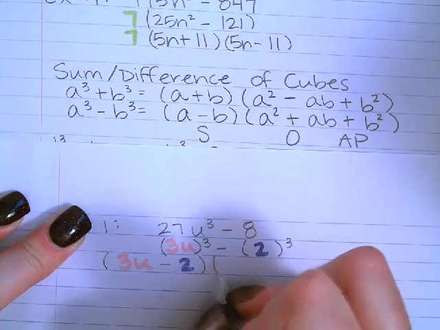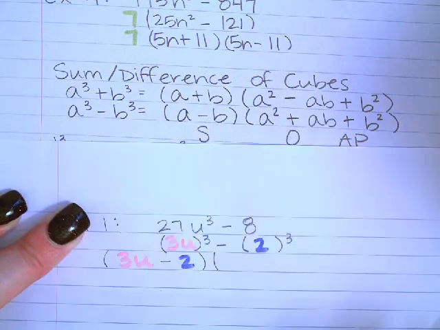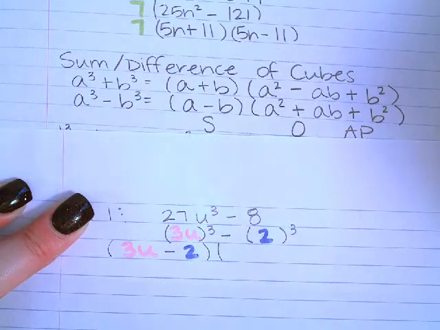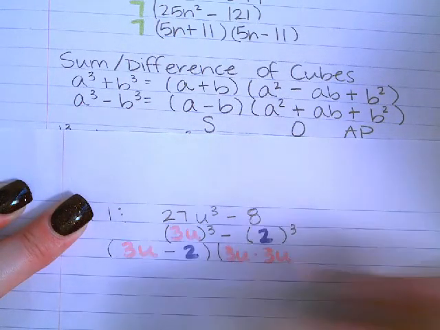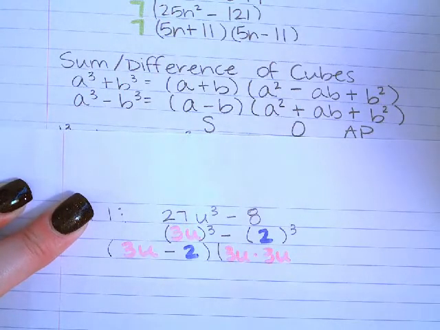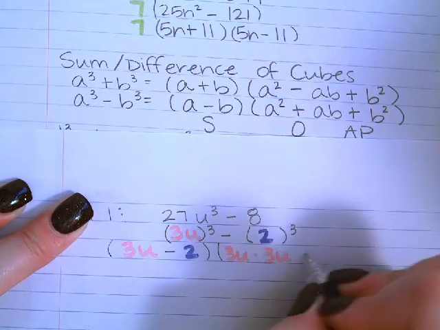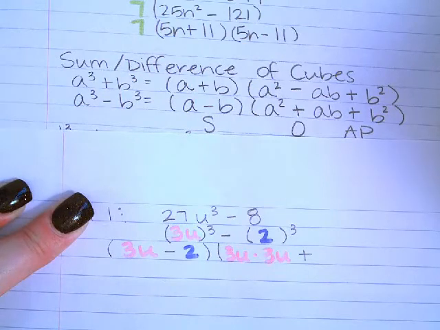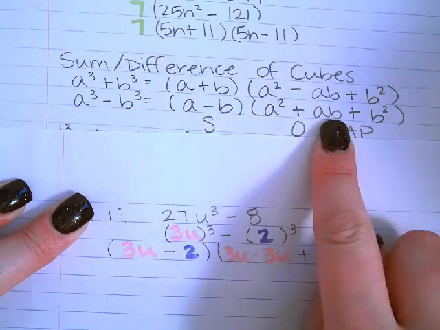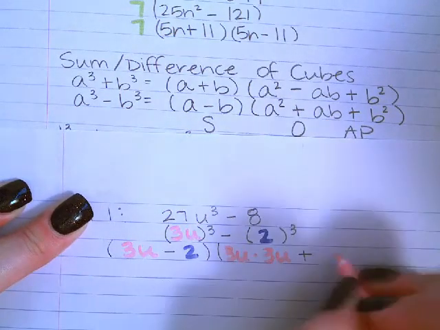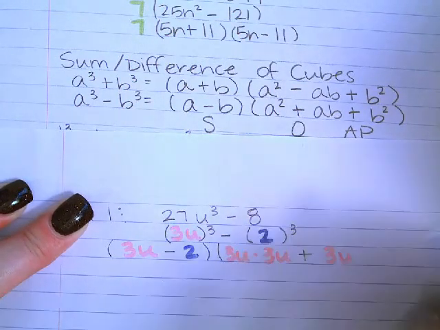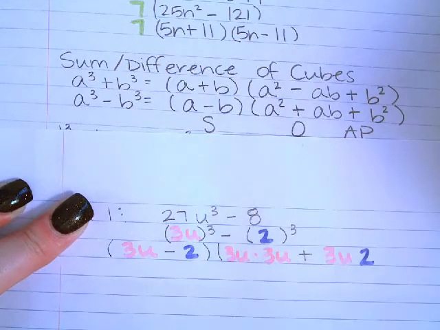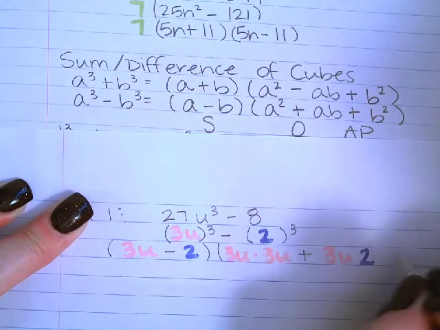Then I have a multiplied by itself, a squared. So that is going to be 3u multiplied by 3u. Then I have the opposite sign, so plus. Then I have a multiplied by b, so 3u multiplied by 2.